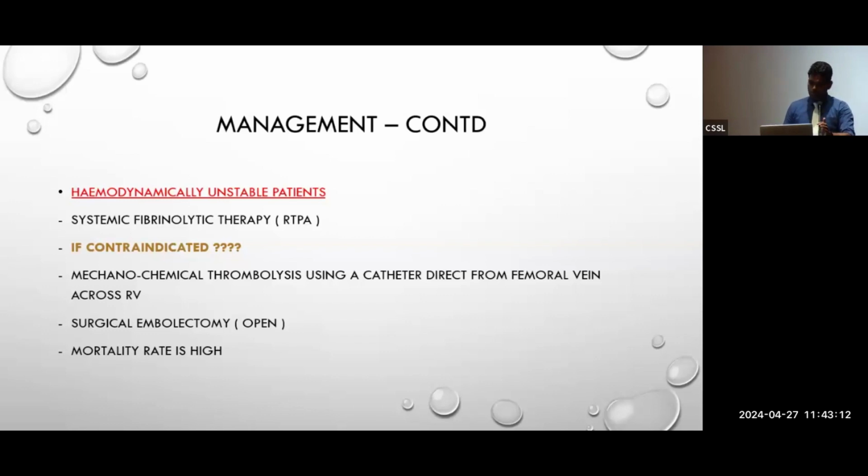One is mechanochemical thrombolysis using a catheter directed from the femoral access through the right heart to the pulmonary vessels. If that is not feasible, there's a place for open surgical embolectomy, which is done by cardiothoracic surgeons. They open into the pulmonary vessels and take the clot out.